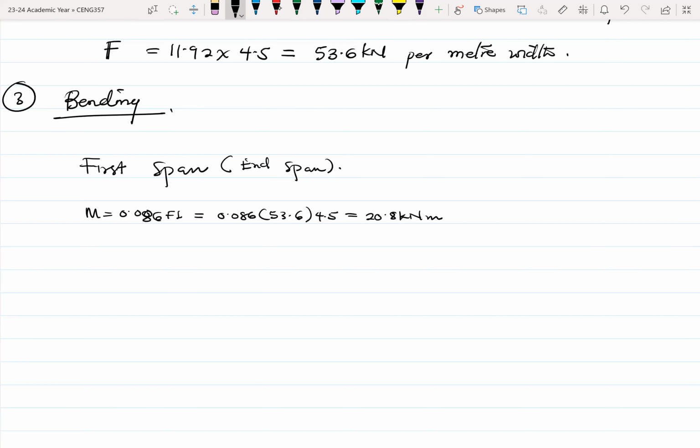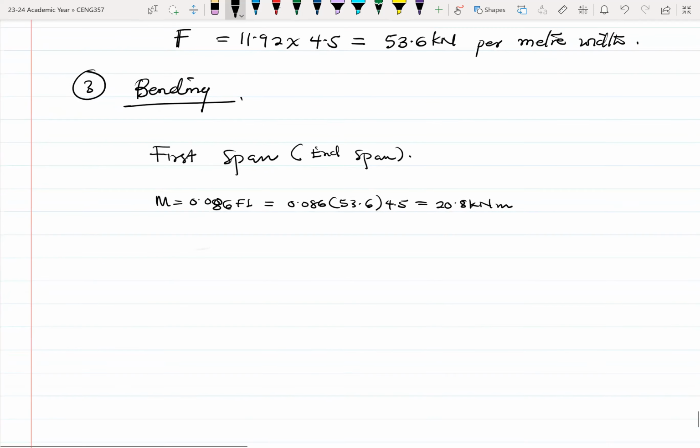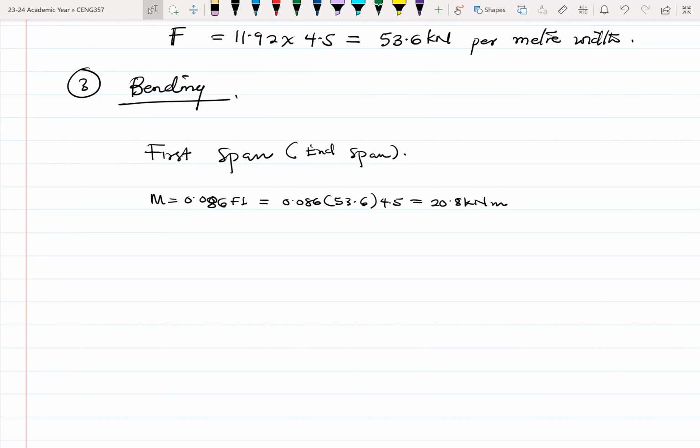All right, so 20.8, and then you can check. So this is for the first span. Maybe let's look at it as the first span to the interior span. So we'll do everything underneath this.